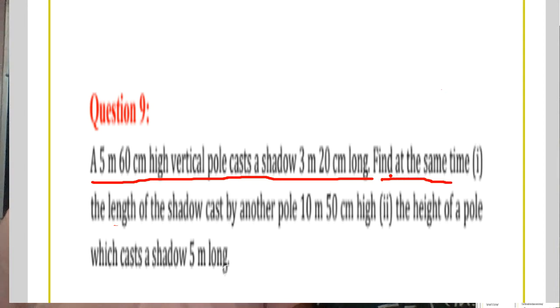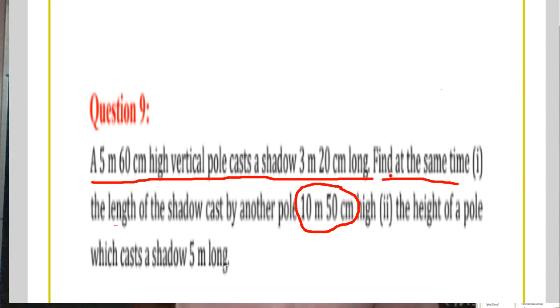Okay, and here we find that at the same time, the length of the shadow cast by another pole, with height of pole 10 meter 50 centimeter, you can write it 10.50 meters. And the next pole casts a shadow of 5 meter. Here length of shadow is given 5 meter and we find the height of pole.